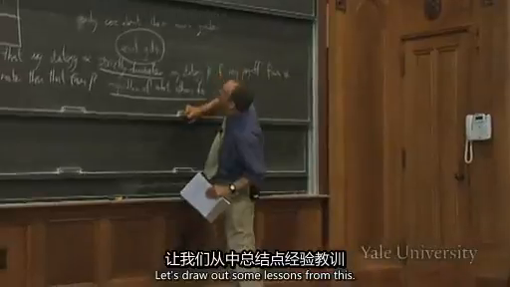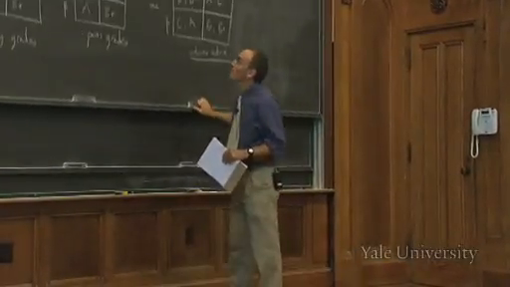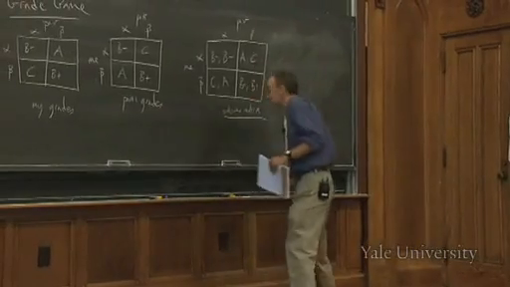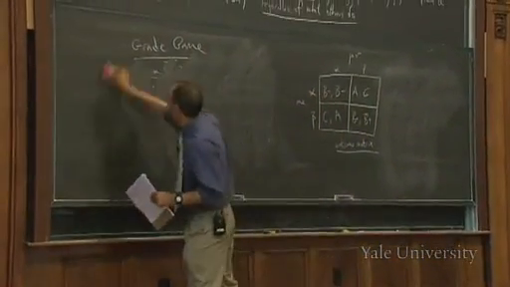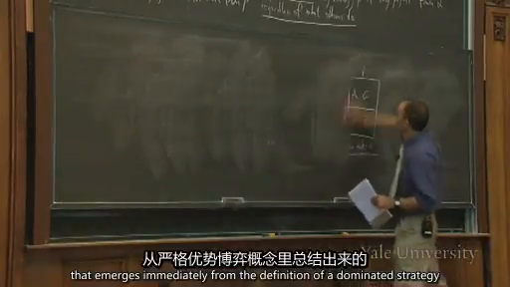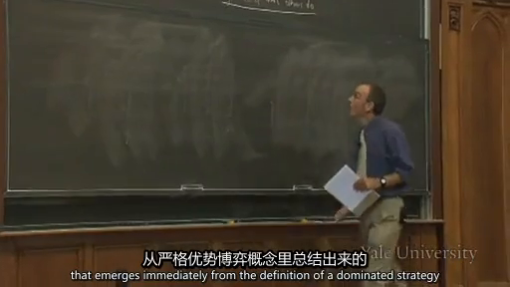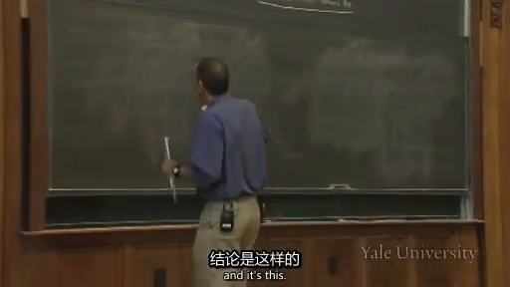Let's draw out some lessons from this, and actually, so you can still read that, let me bring down and clean this board. So the first lesson of the class, and there's going to be lots of lessons, is a lesson that emerges immediately from the definition of a dominated strategy, and it's this.